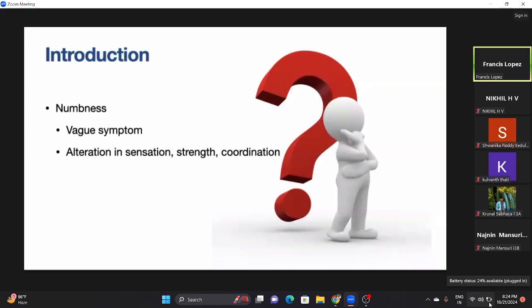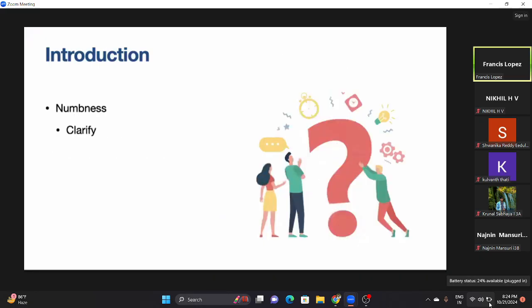So there is a problem with coordination. So first we have to clarify what the patient means. Therefore, the approach to the patient presenting with numbness begins with clarifying what the patient means by the word.